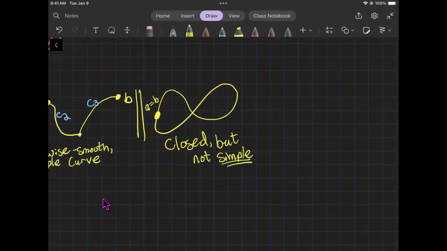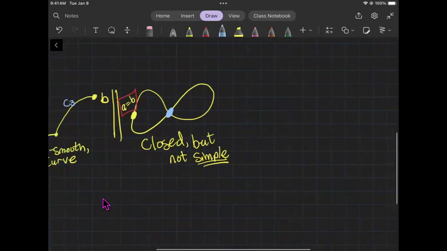This curve is closed since the starting point equals the ending point. So in this case, A equals B. It's not simple because there is one intersection besides the endpoint, besides the point where A equals B.